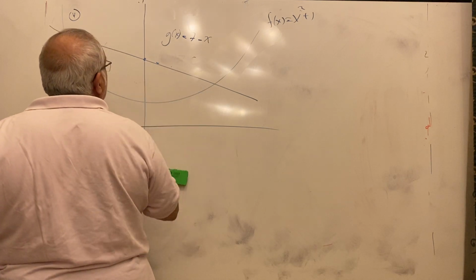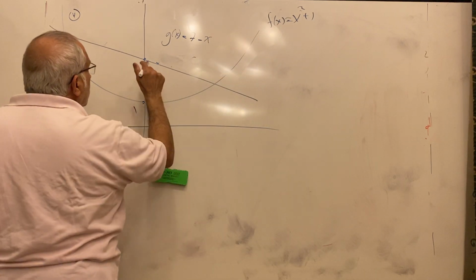Seven minus x means that's 7, and f of x plus 1 means this is 1, for your extra information.